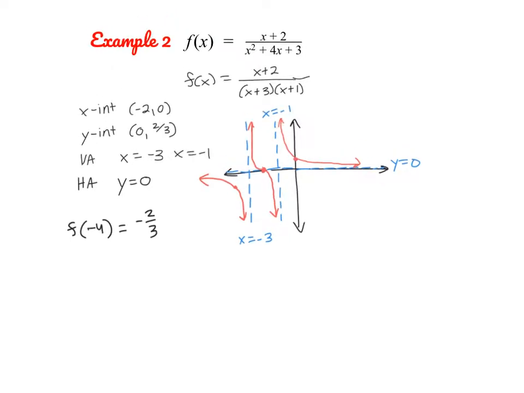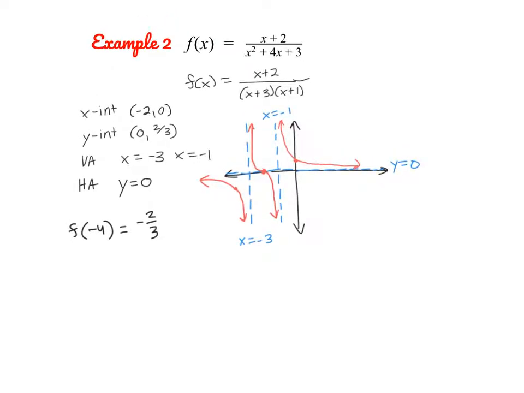However, the best way to be sure of this is to simply test a point that's slightly to the right of -3, plug it into your function, and then test a point that's slightly to the left of -1.